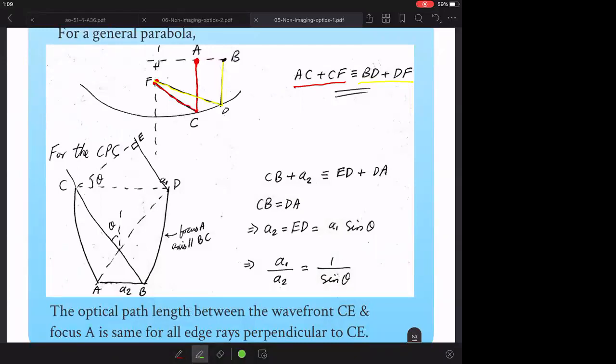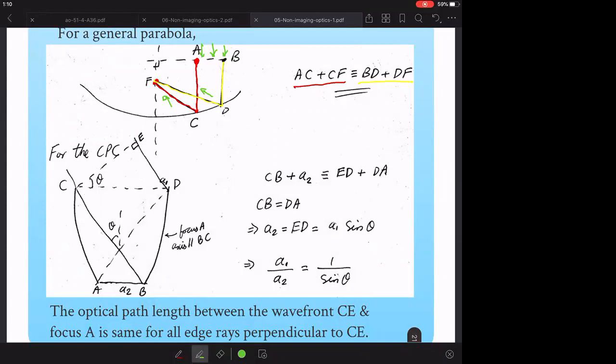This also makes optical sense because this is the path that light takes if it comes in straight down, as it reflects off this parabola and reaches the focus. We know from the imaging condition that this is exactly what we also call Fermat's principle. You may or may not remember that. We'll come back to this.